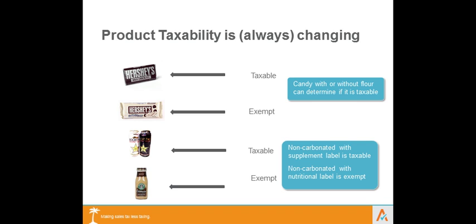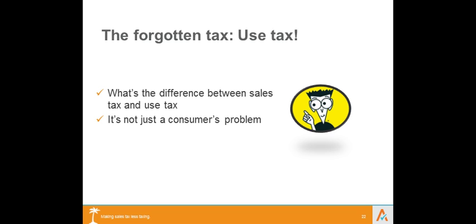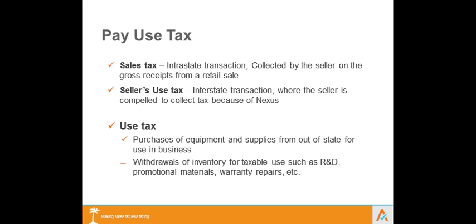I want to spend a minute and talk about the forgotten tax, which is use taxes. And to do that, we'll talk a little bit about the difference between sales tax and use tax and what that means. But we want you to understand that it's not just a consumer's problem. This affects businesses as well. Sales tax, by definition, relates to intrastate transactions.